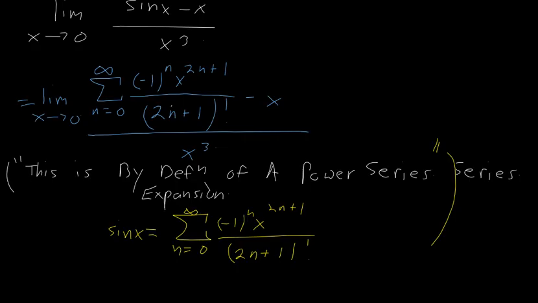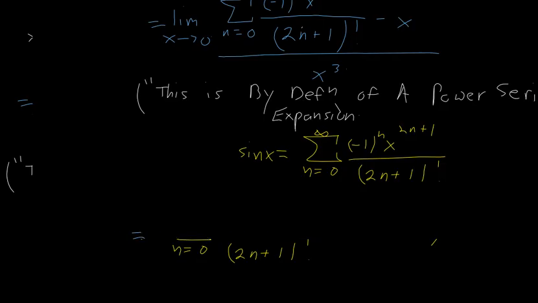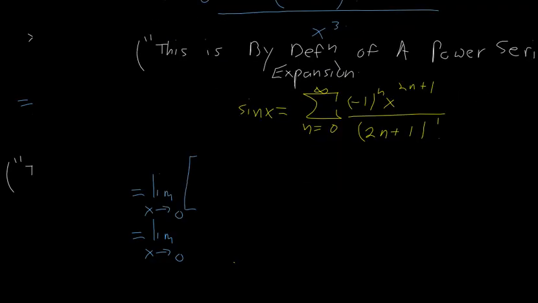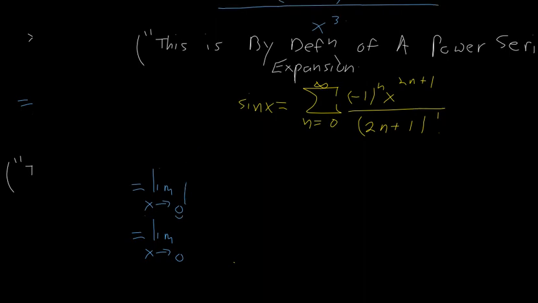All right, now what we need to do here is expand this out. If we plug in starting at n equals 0, we get something interesting. The first output is going to be x.